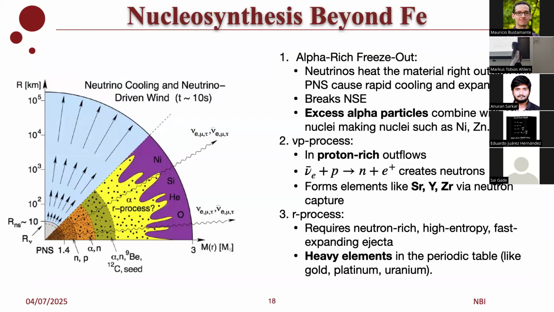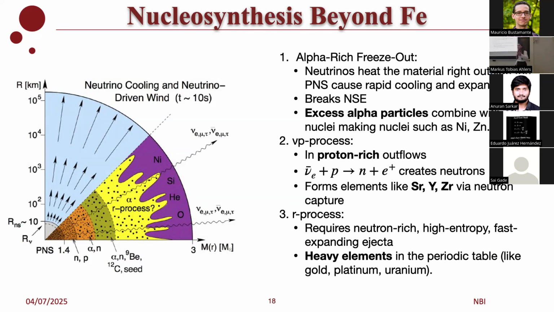There are multiple ways to produce heavier elements beyond iron. One of them is, for example, alpha-rich freeze-out. So again, neutrinos play a crucial role here because neutrinos hit the material just behind the proto-neutron star. This causes rapid cooling and expansion of these outer layers there.